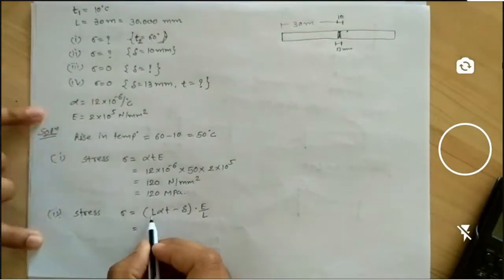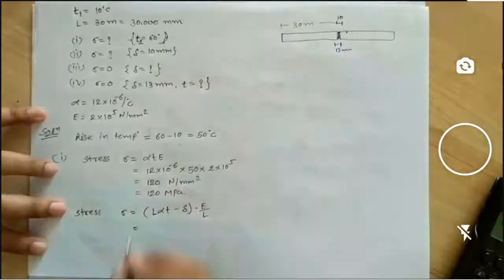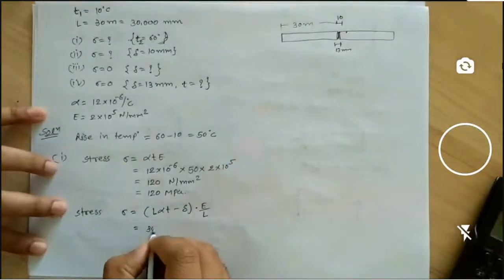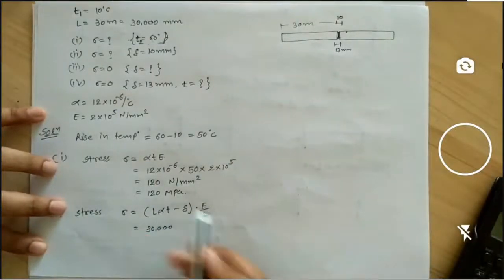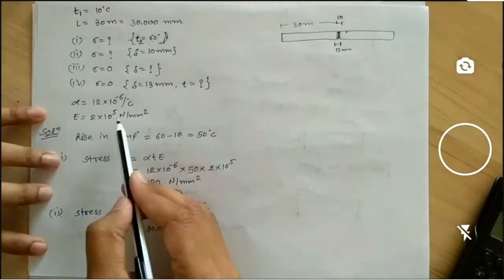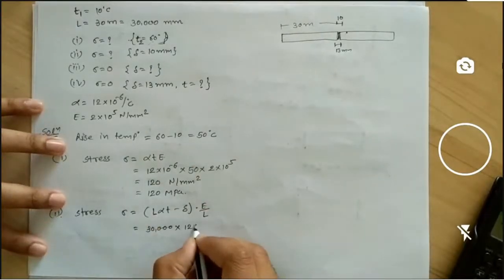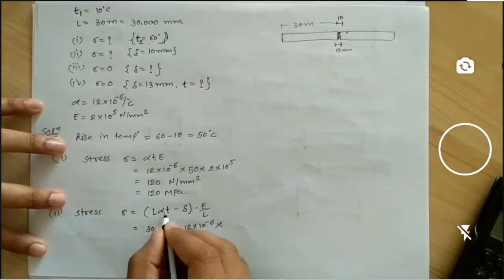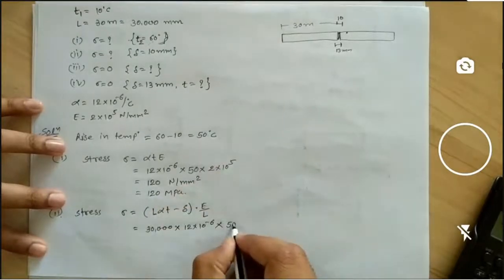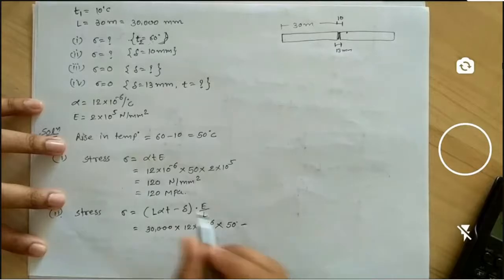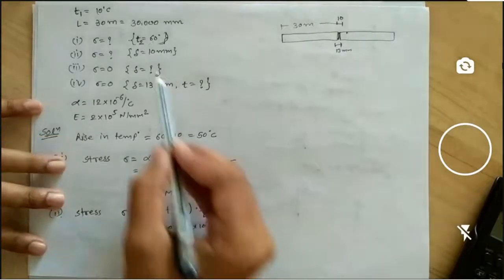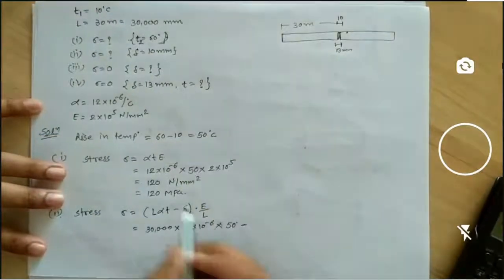So here the total length of this rail is 30 meters, so 30,000 mm, because E is in terms of Newton per mm square. Into alpha, 12 into 10 raised to minus 6, into T, the change in temperature, 50 degrees Celsius, minus delta, the allowance of 10 mm, and all units in mm.